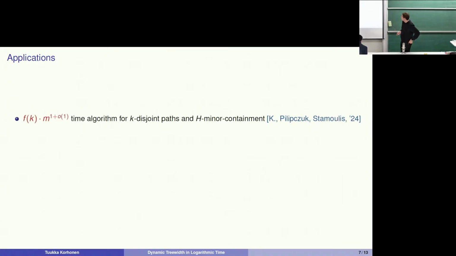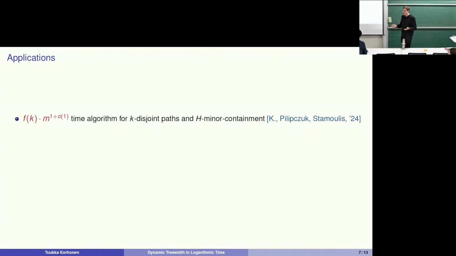Yeah. So before going into details, let me mention also some applications, like why are we interested in dynamic Treewidth? Well, it's a natural question on its own, in the center of parameterized algorithms and dynamic algorithms, at the intersection of these two fields.